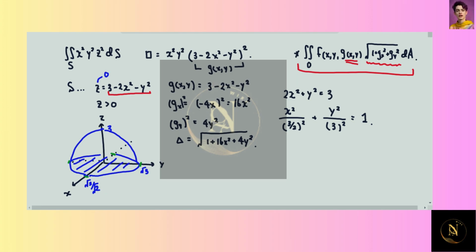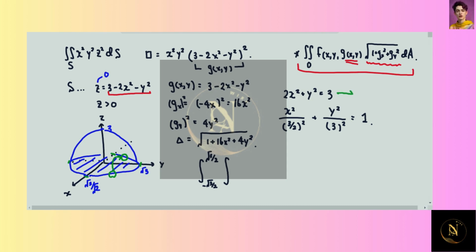I want to find the integral. x goes from negative root 3 over root 2 to positive root 3 over root 2. Now the y is the issue. We have to be very careful here. We want to go from this equation to that equation with respect to x, so we have to actually solve for that value.